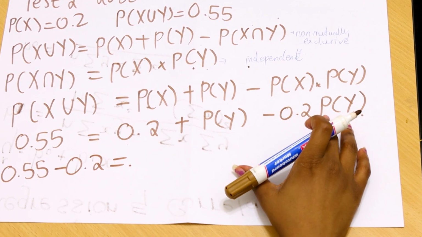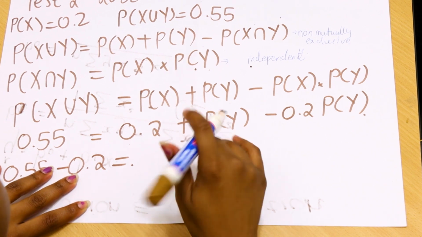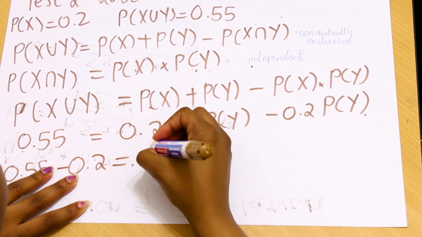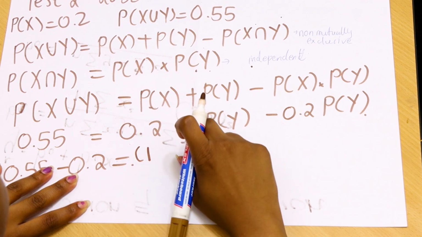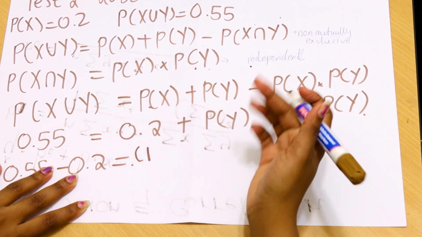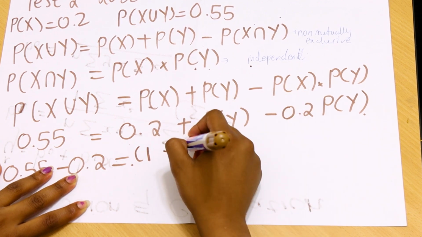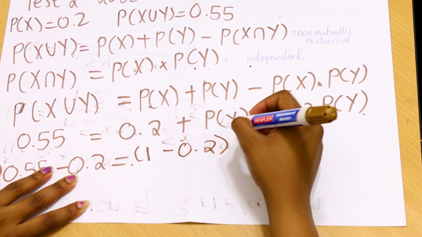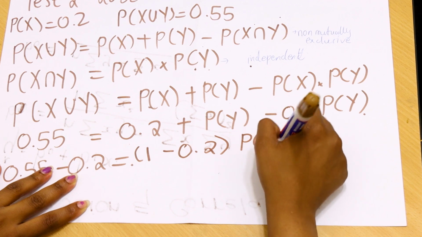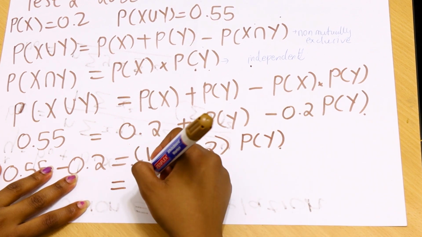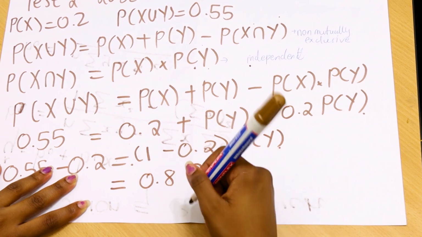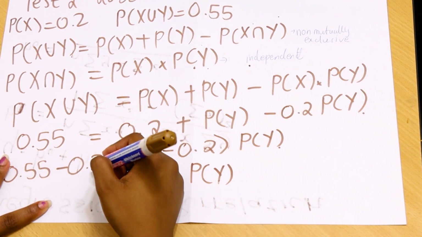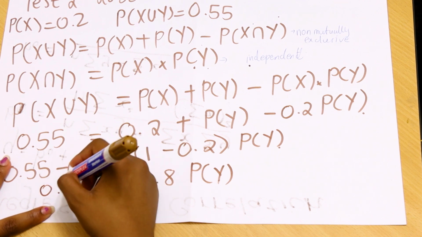As you can see, you have to take out the common factor P(Y). So it would be 1, because the number next to this P(Y) is 1, minus the 0.2, multiplied by P(Y). So 1 minus 0.2 is 0.8 P(Y).